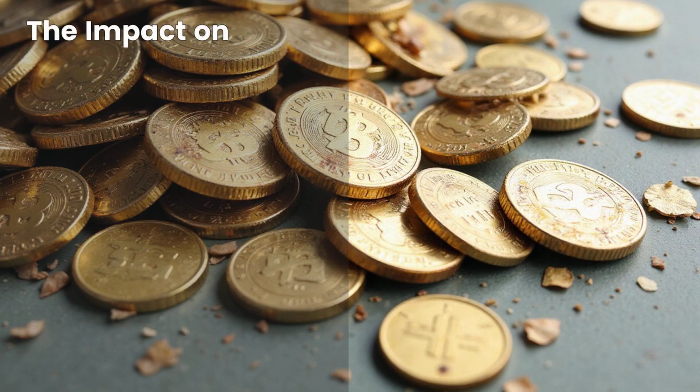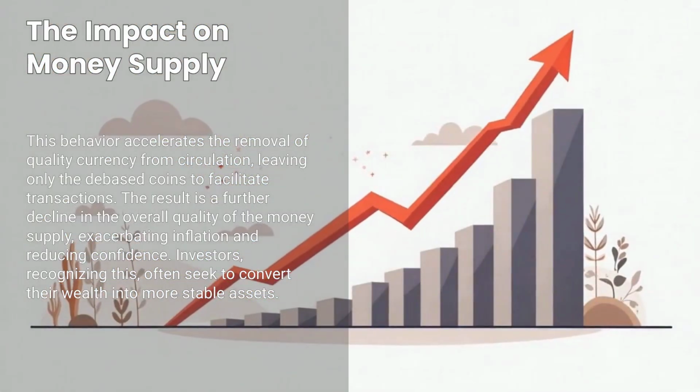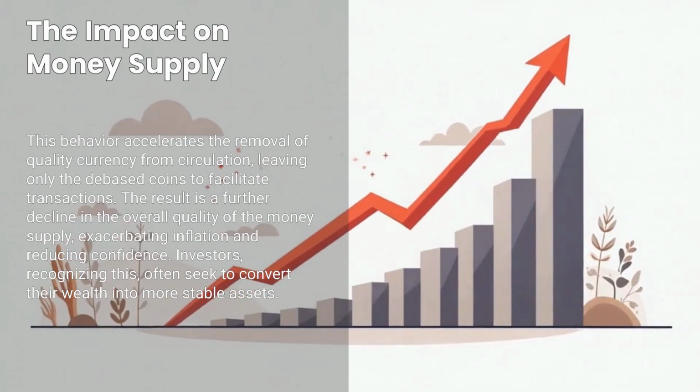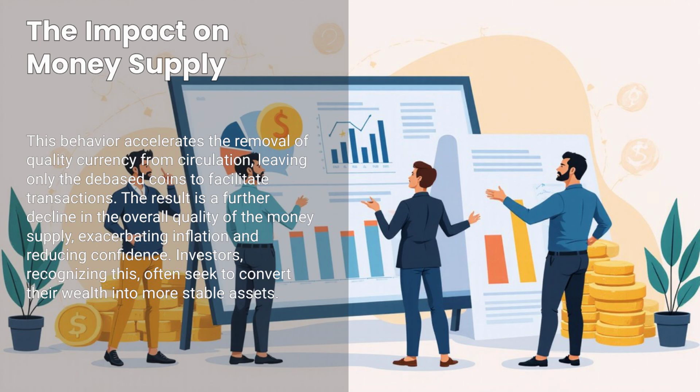This behavior accelerates the removal of quality currency from circulation, leaving only the debased coins to facilitate transactions. The result is a further decline in the overall quality of the money supply, exacerbating inflation and reducing confidence. Investors, recognizing this, often seek to convert their wealth into more stable assets.